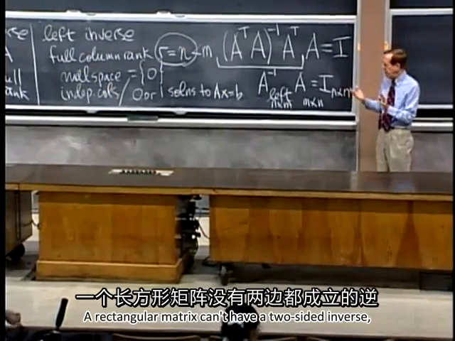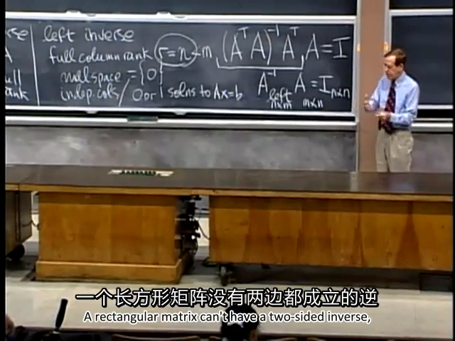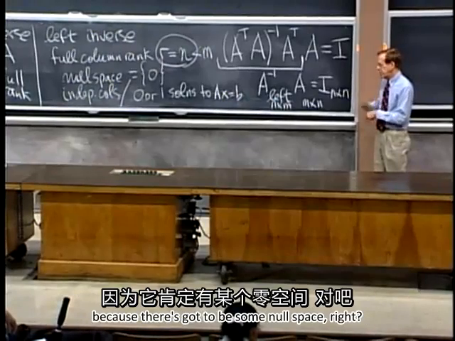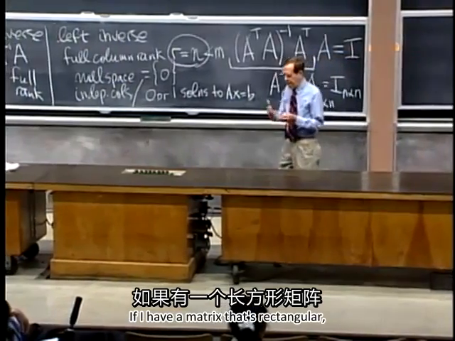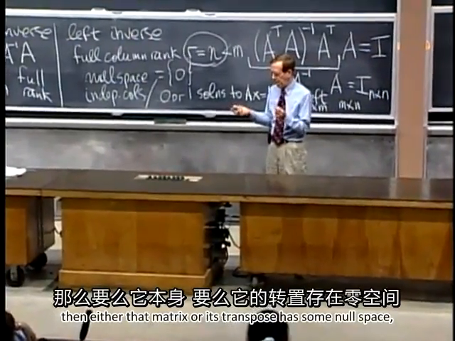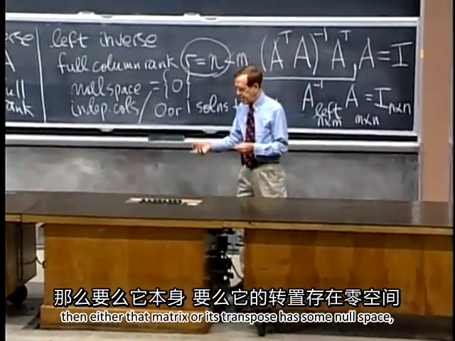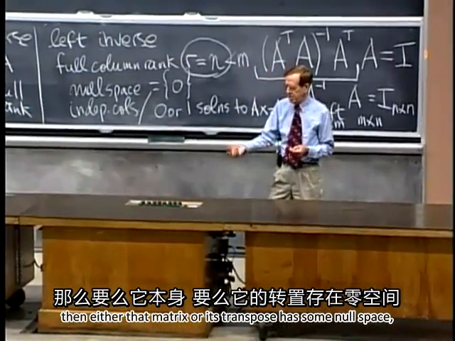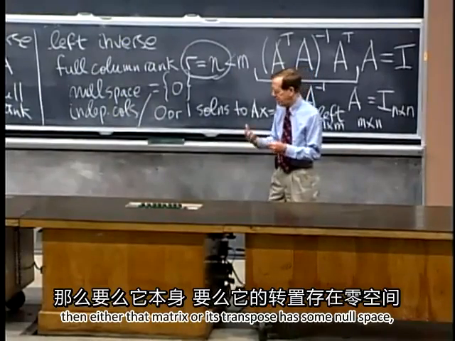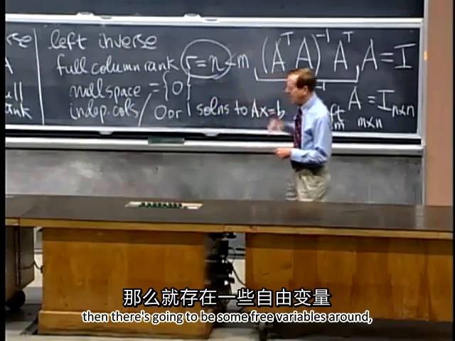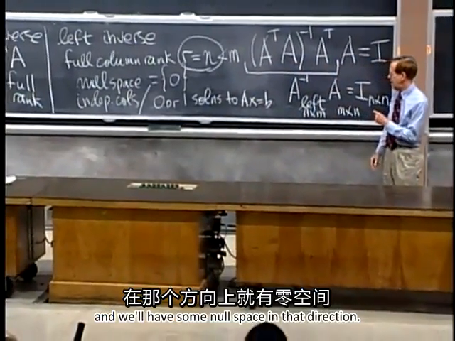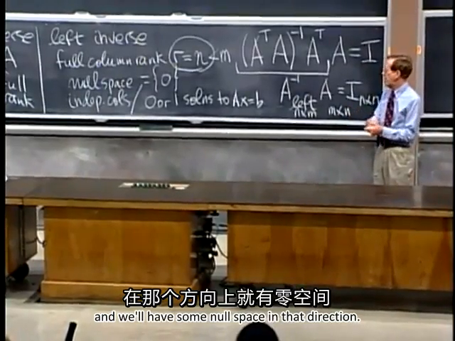A rectangular matrix can't have a two-sided inverse, because there's got to be some null space, right? If I have a matrix that's rectangular, then either that matrix or its transpose has some null space. Because if n and m are different, then there's going to be some free variables around, and we'll have some null space in that direction.